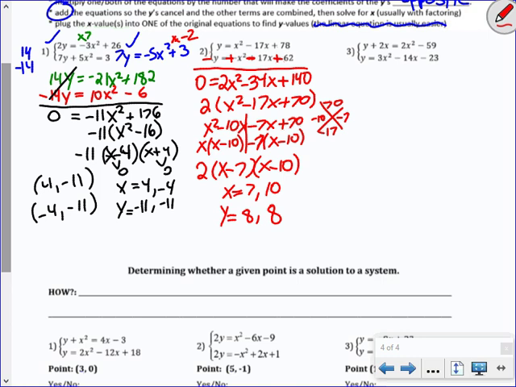That's cool. Alright, my final solutions will be 7, 8 and 10, 8. Now you guys can go ahead and do example number 3 on your own. See if you can figure that one out.